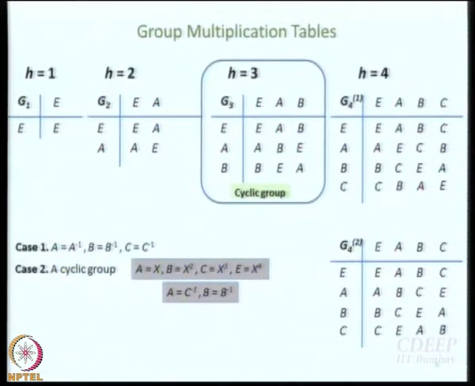Now, the only other possibility that you can think of perhaps is A equal to B inverse, but that is trivial, right? That is just using a different name. A, B, C are perfectly arbitrary labels at this point. Saying A equal to C inverse, B equal to B inverse, or saying A equal to B inverse, C equal to C inverse mean the same, right? There is no difference. So, these are the only two possibilities for h equal to 4.